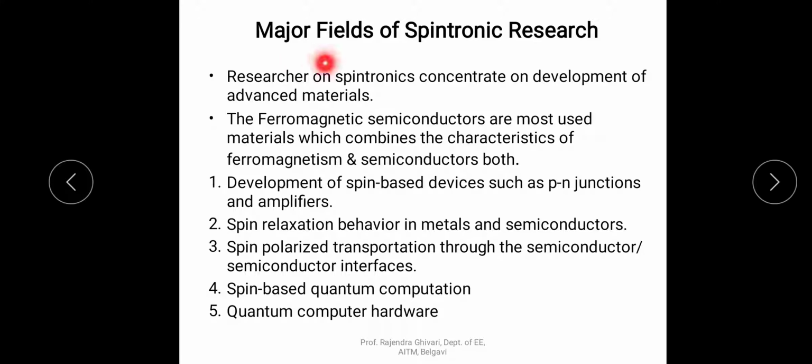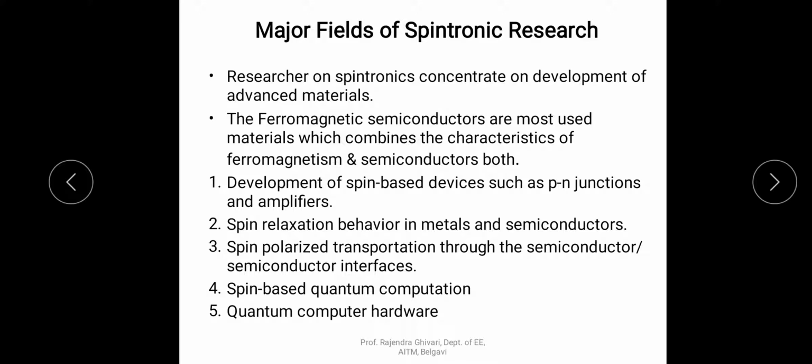Now, what are the major fields of spintronic research? Research on spintronics concentrates on the development of advanced materials. Ferromagnetic semiconductors are the most used materials, which combine the characteristics of ferromagnetism and semiconductors both.